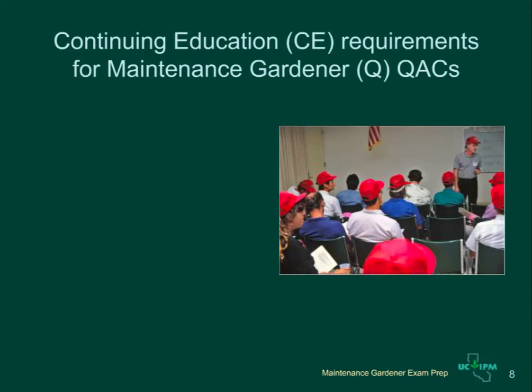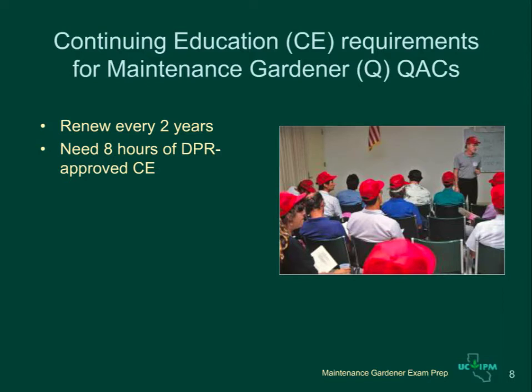Continuing education is required to maintain your certified applicator certificate. Once you become certified, you must renew your certification every 2 years. If you're licensed in the maintenance gardener Category Q area, you will require 8 hours of continuing education every 2 years, including 2 hours of training related to laws and regulations.